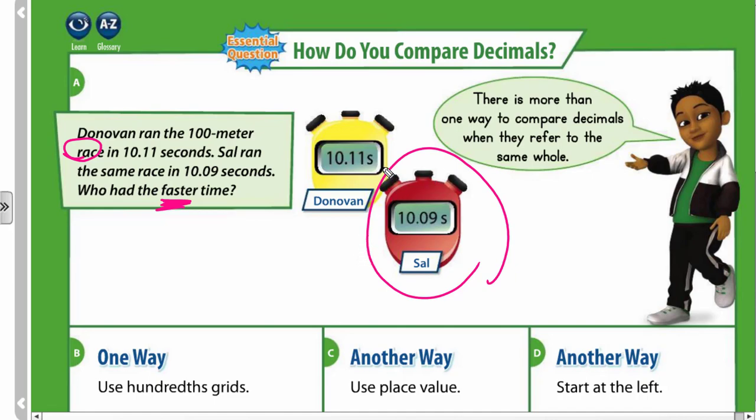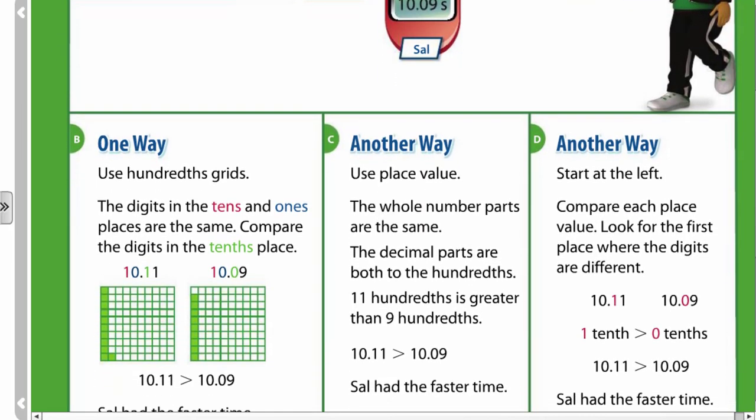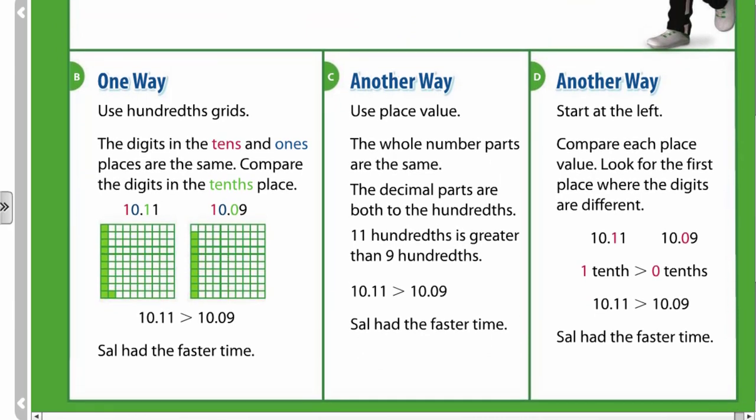The smaller. Okay, great. So we need to compare them to know which one is smaller. Okay, let's go down to see how to compare fractions.